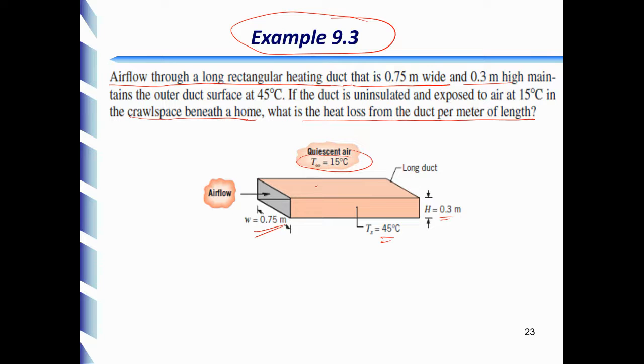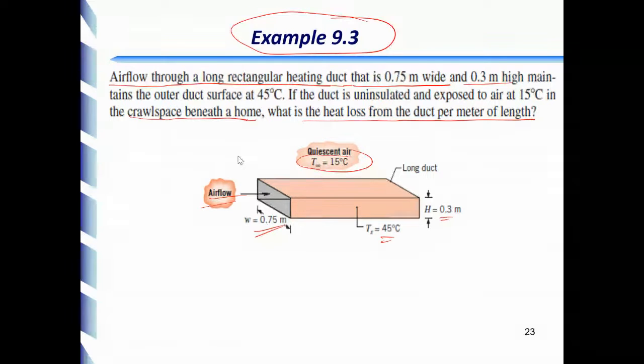So the outside surface temperature is maintained at Ts and the environment temperature is 15, so it is acting as a heater, right? Then what is the heat loss from the duct per meter of length? Here there is no information about the airflow, so you don't need to consider anything about the air.